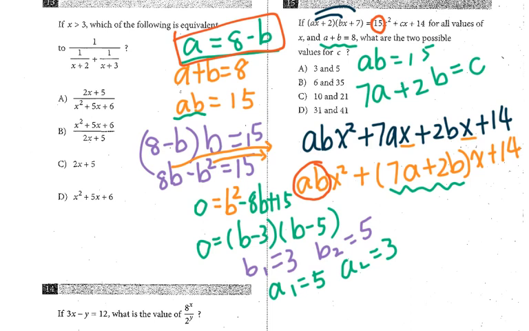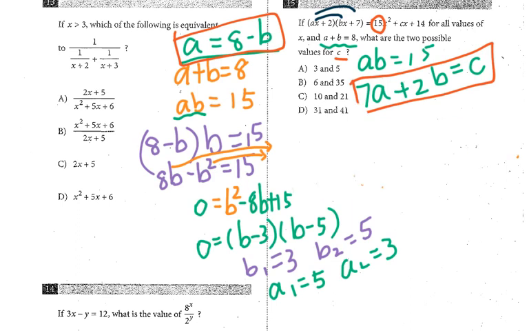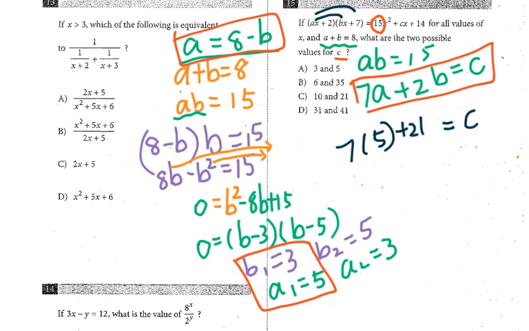Since I'm looking for c, I need to plug in here. When a equals 5 and b equals 3, I will get c equals 7 times 5 plus 2 times 3. That will be c1, and it will be 35 plus 6, that means 41.